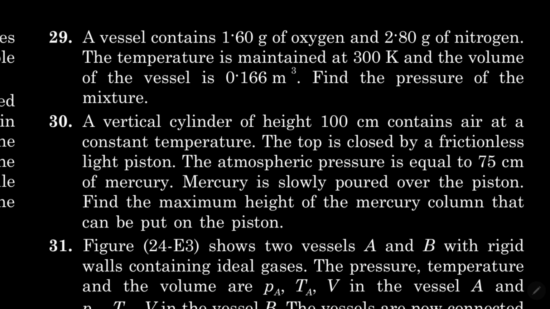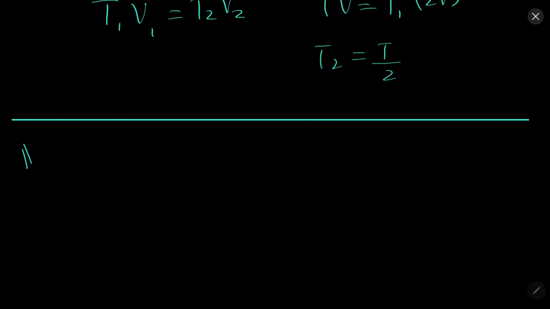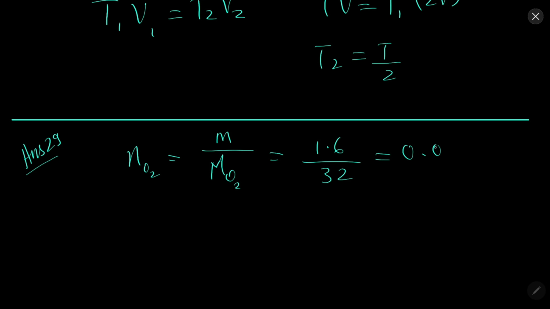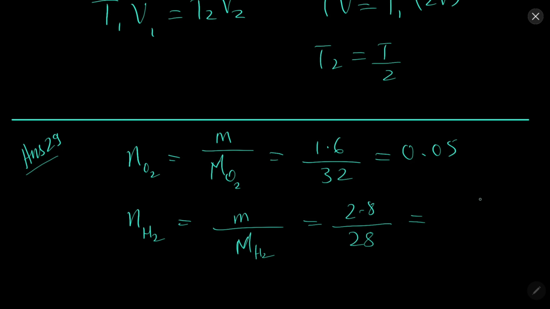In 29, a vessel is there. We need to find the pressure of the mixture in this vessel. Solution 29. So number of moles of O2 is 1.6 over 32, 0.05, and for H2, 2.8 over 28, 0.1.